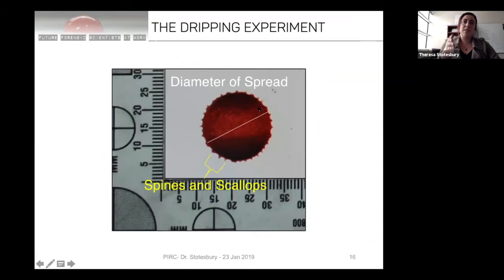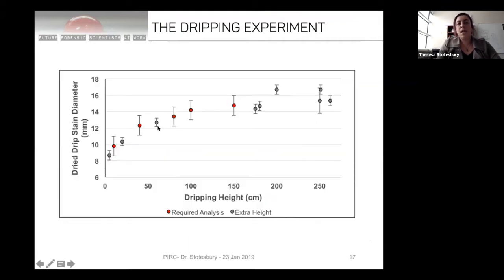If you drop a stain about 90 degrees or perpendicular to a target surface, you can count things like the little edge characteristics like the spines and scallops, and you can plot how they actually change. So for example, this is a drip stain diameter as a function of dripping height. And so we spend a lot of time building and reconstructing models to figure out how high was the blood source. That's what we call it in forensics. How high was the blood source, or where was the blood source positioned in space during the time of the bloodletting event?